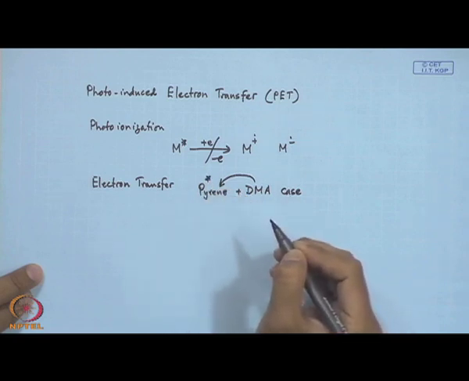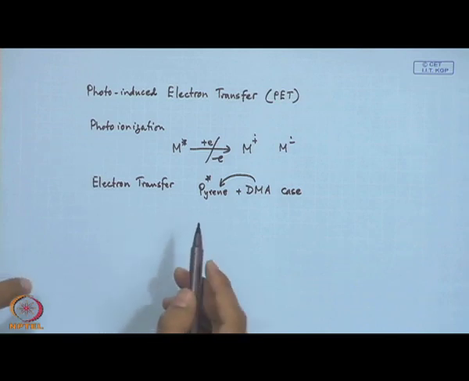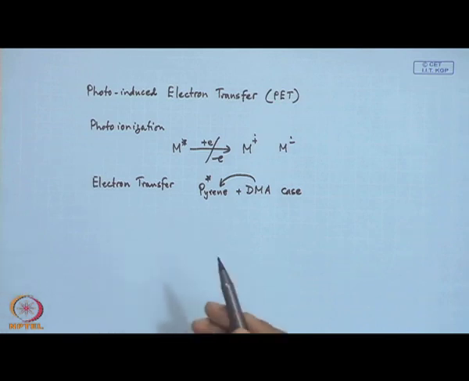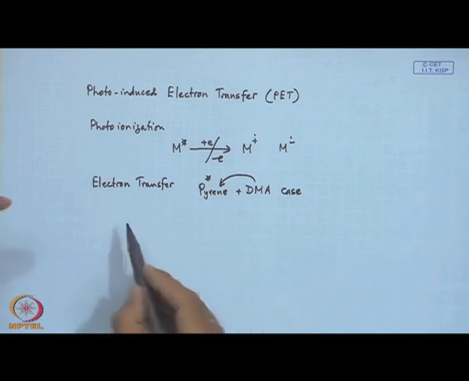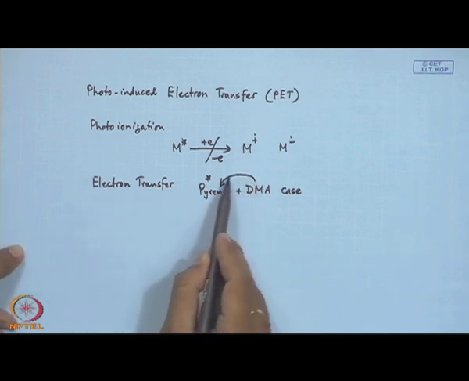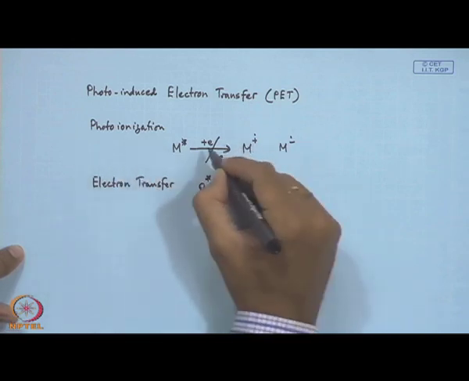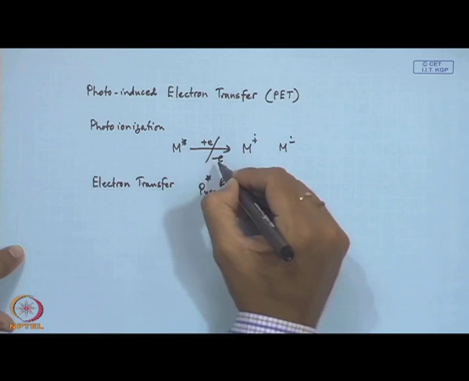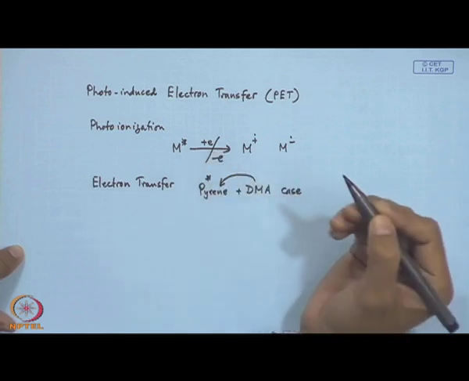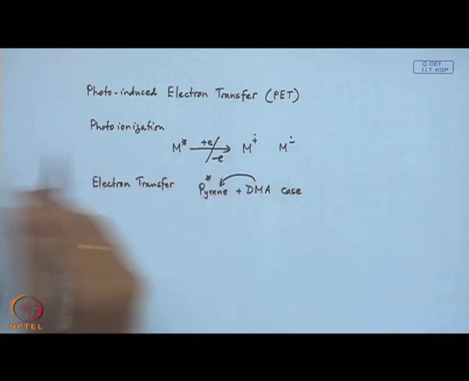So it is clearly an electron transfer case. In both cases, whether photoionization or electron transfer, charge has been transferred. In case of photoionization, whatever electron is released may be given to the solvent or some other entity which is accepting the electron.